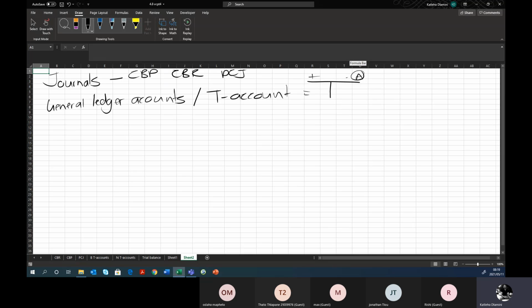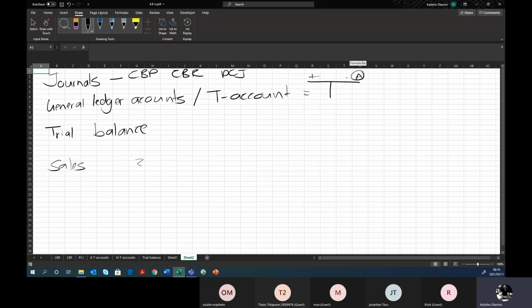All right. Then you will be asked to then take this to the trial balance. So you'll be asked for a trial balance. And if you're given a trial balance at the beginning of the month, say you have a sales balance at the beginning of the month, say it's 300,000. When you open your sales T account, it's an income.